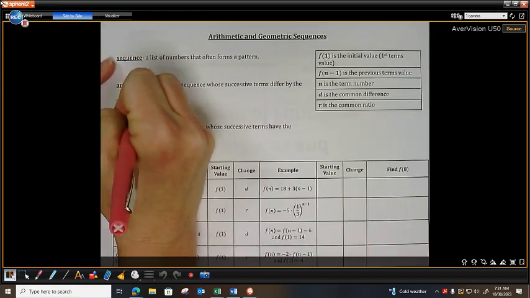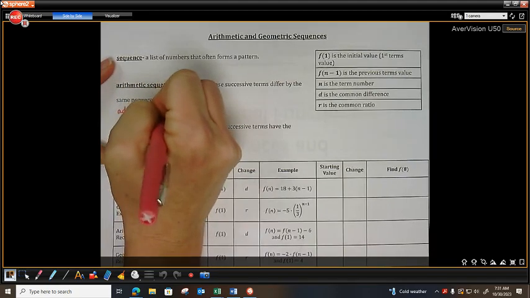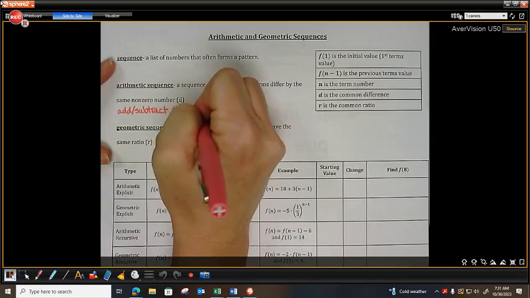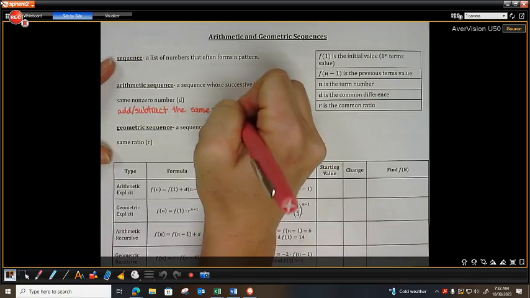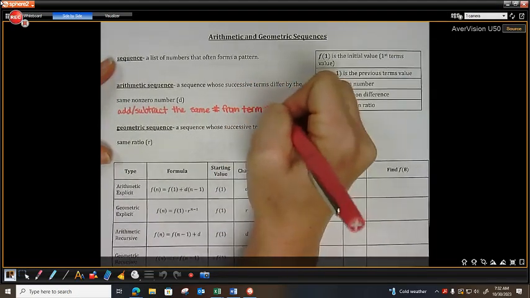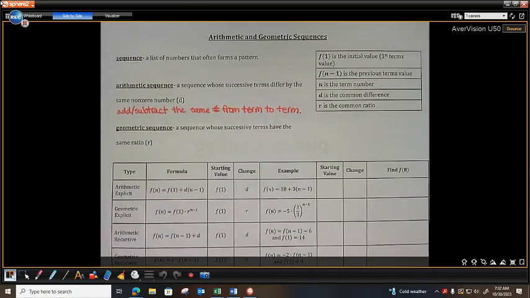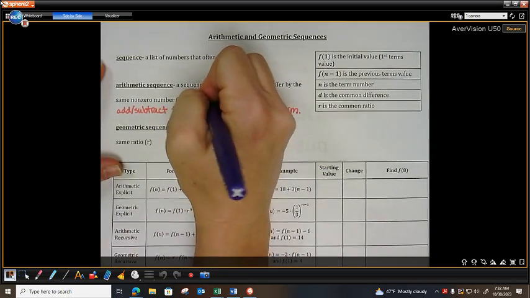So you add or subtract the same number from term to term. Your arithmetic sequences are examples of linear functions.